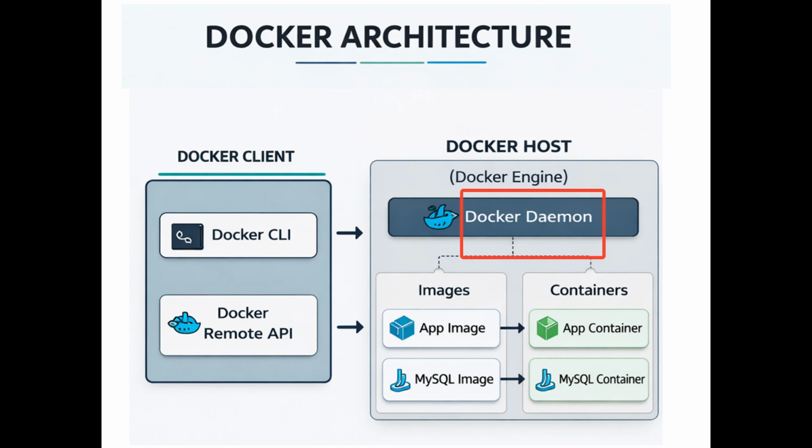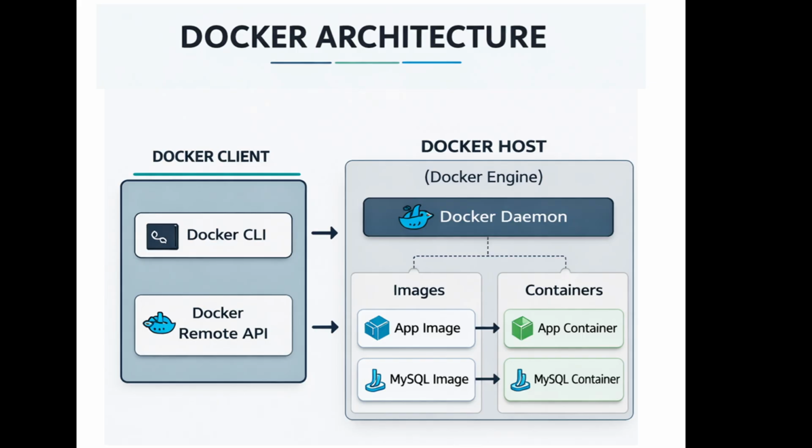Its main responsibility is to listen for commands coming from the Docker client, for example, commands like docker build, docker run, docker pull, docker push, docker start, docker stop. Whenever we execute any of these commands using the Docker CLI, the command is sent to the Docker daemon, and the daemon processes the request and performs the required actions.